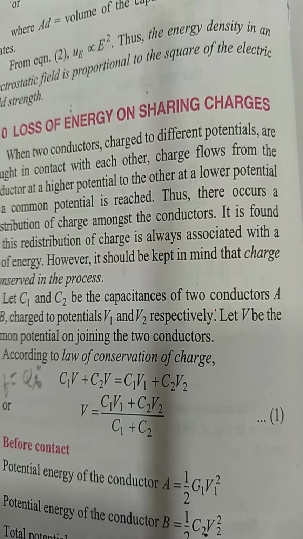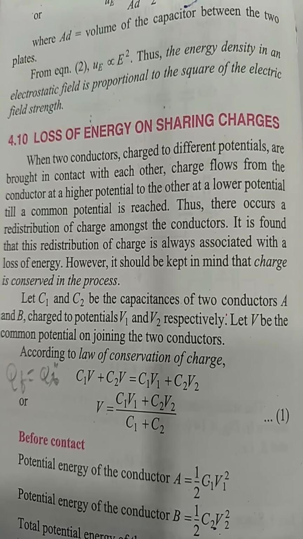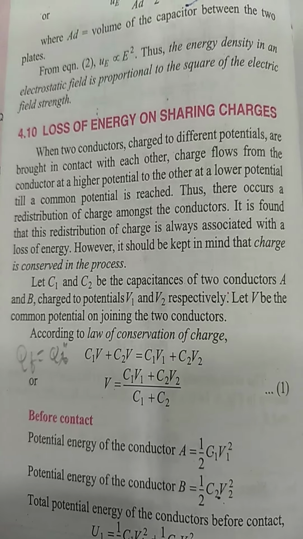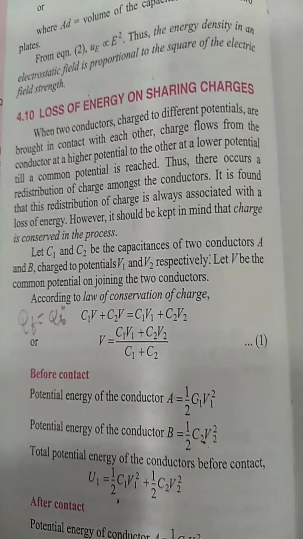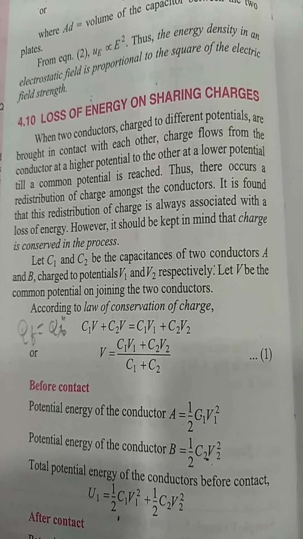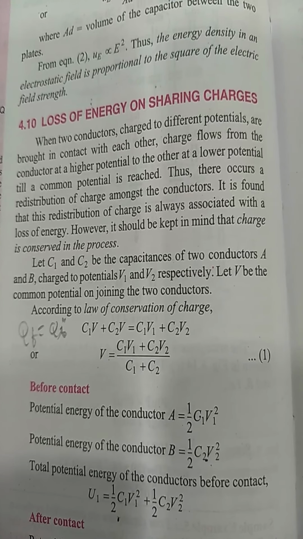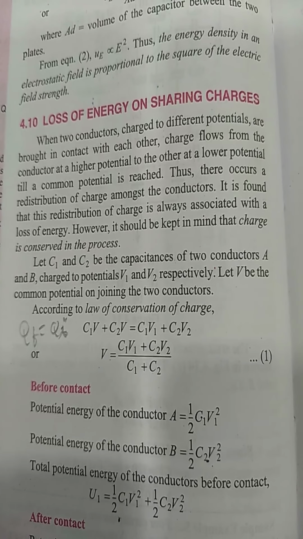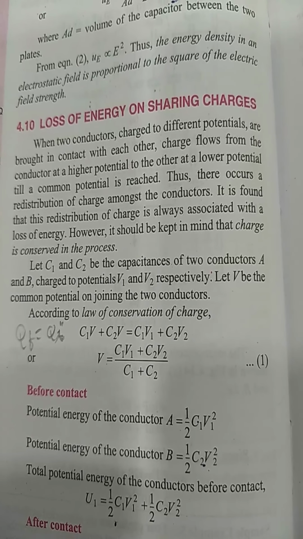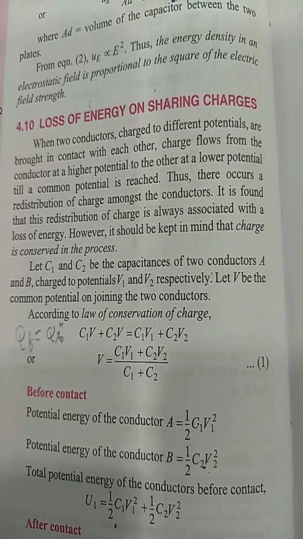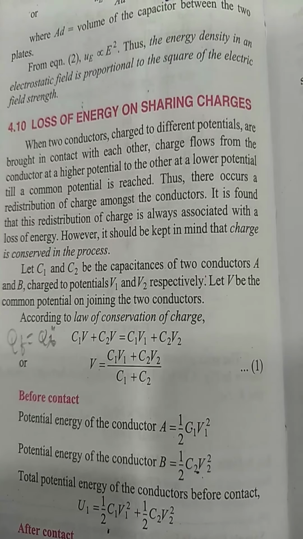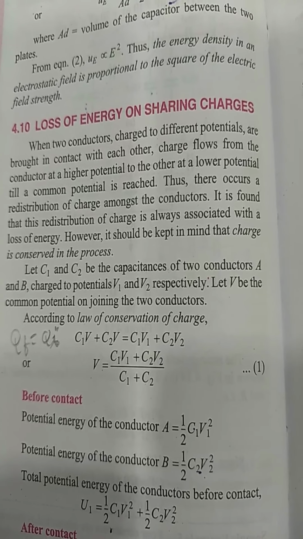So here what we are going to do is take two conductors charged to a different potential, means two bottles having different water levels. When they are brought in contact with each other, as I told, charge will flow from the conductor which is at a higher potential to the conductor which has the lower potential, and this process will continue till both have the same potential.